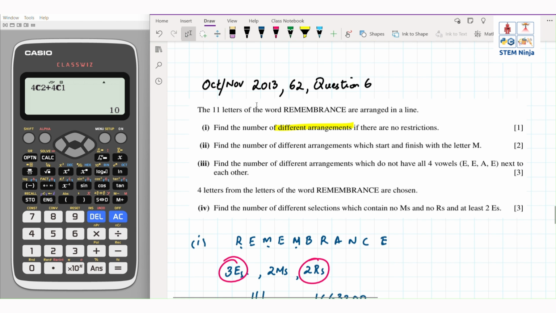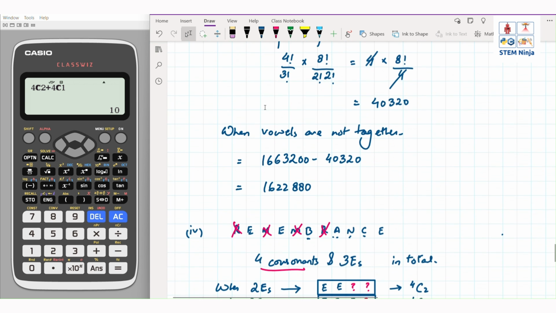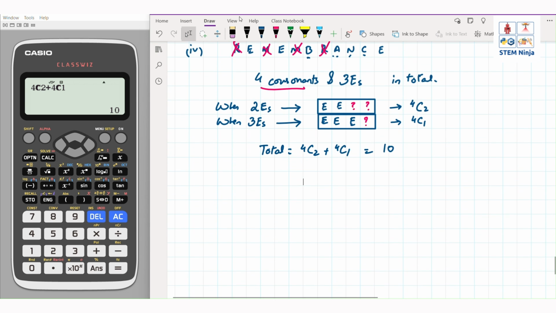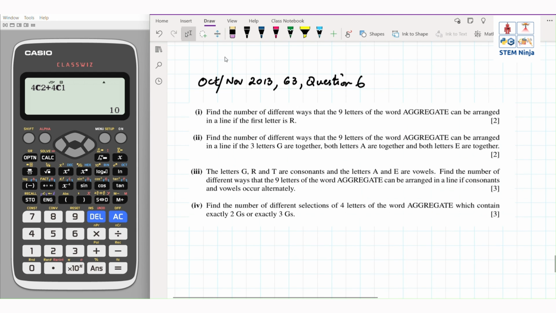All right, so now let's see the 6-3 variant. Okay, so let's see this.